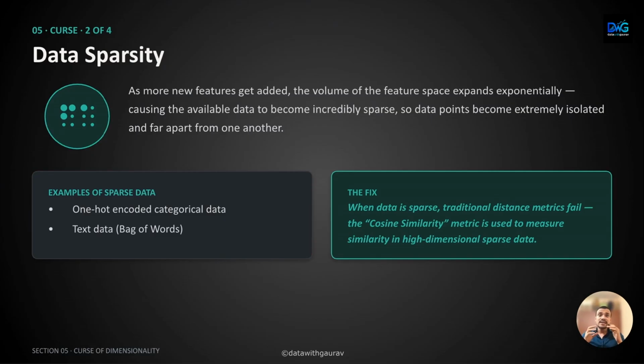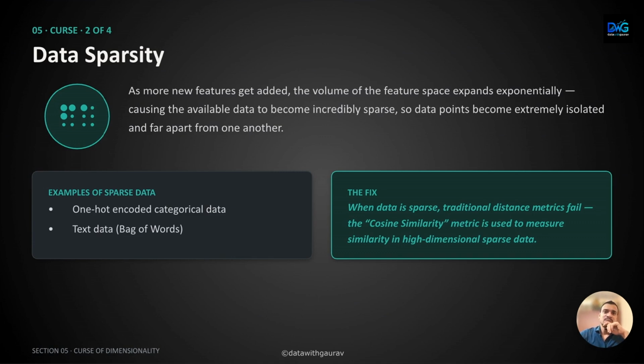Another example is text data represented using the bag of words model. Here, every unique word becomes a feature, resulting in a dataset with thousands of dimensions. Since any single document contains only a small fraction of all possible words, most entries are again zero or empty. These datasets are therefore high dimensional and highly sparse.